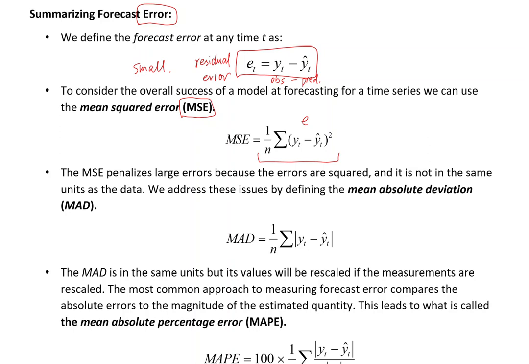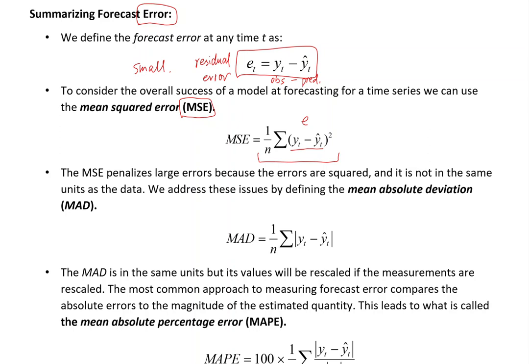And also, we say this is yt minus yt hat, the residual, and we square it, right? So if you have a large error, this MSE penalizes the large error because it gets squared, so it will be even much larger than itself, right?